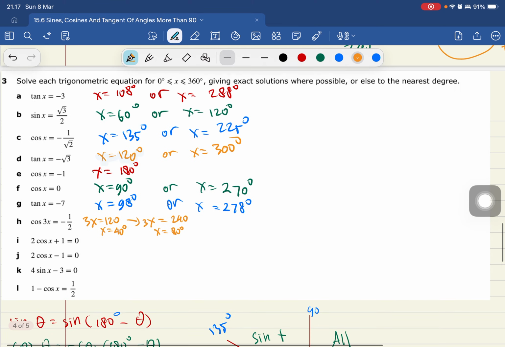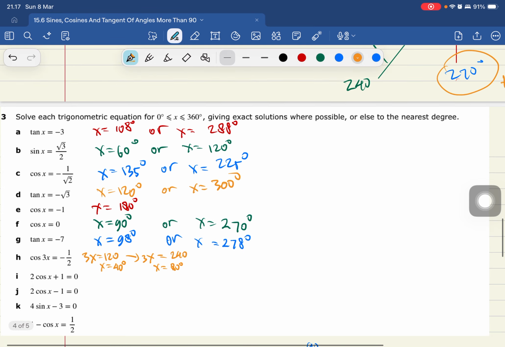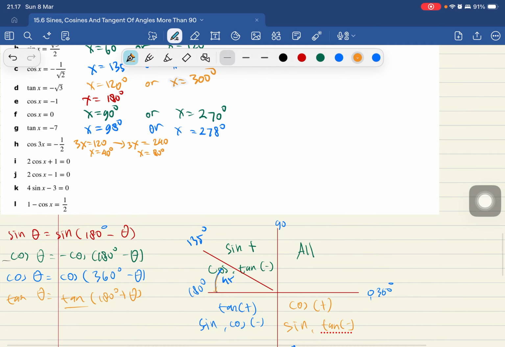Still less than 360, so we go further. Starting with 120, we can add 360.